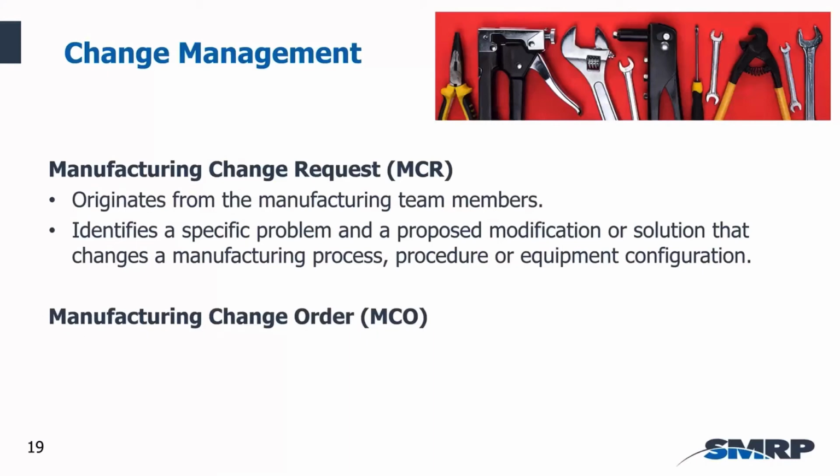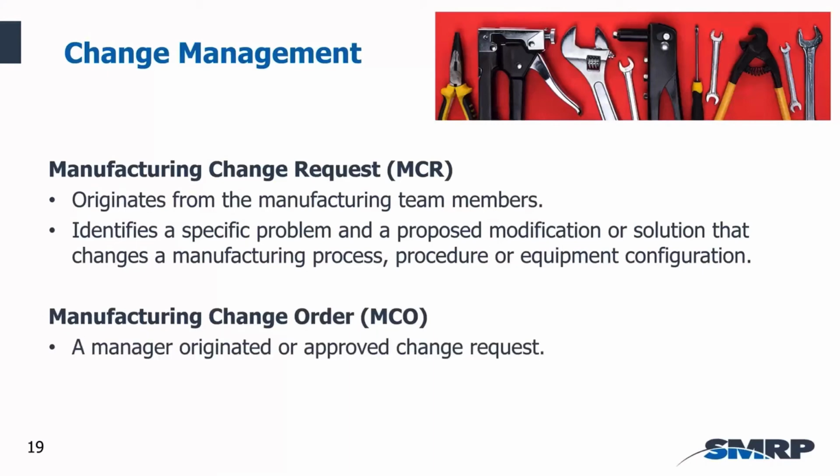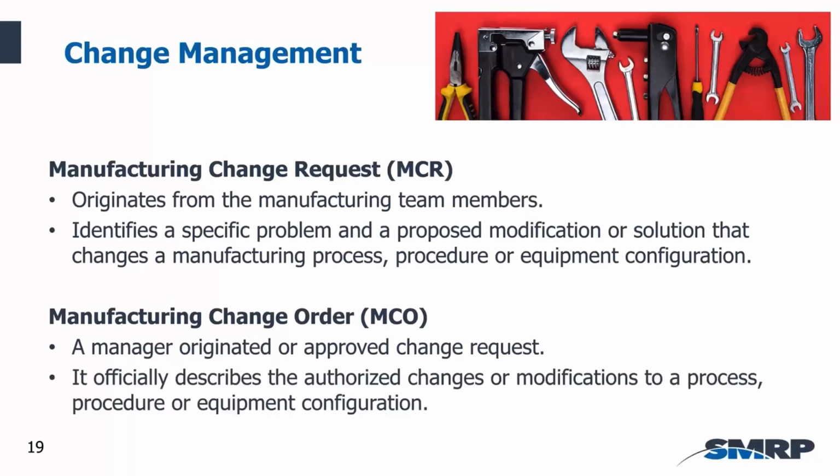A manufacturing change order is a manager-originated or approved change request. So the manager or that accountable person can decide that they're going to initiate a change order, or they can look at a manufacturing change request from somebody else and decide to go forward with that or to authorize that change request.